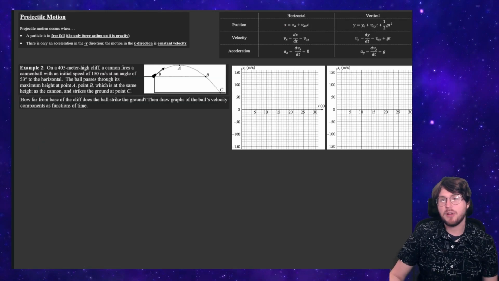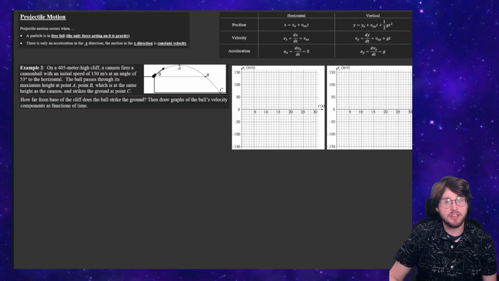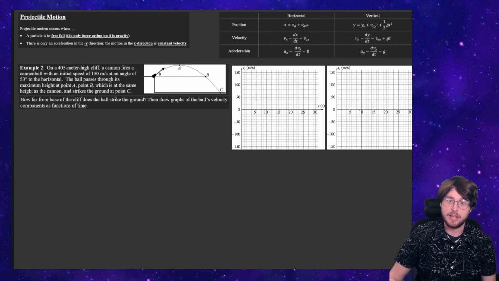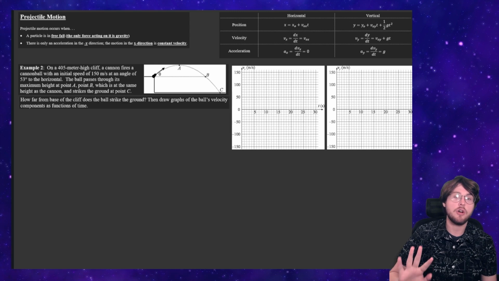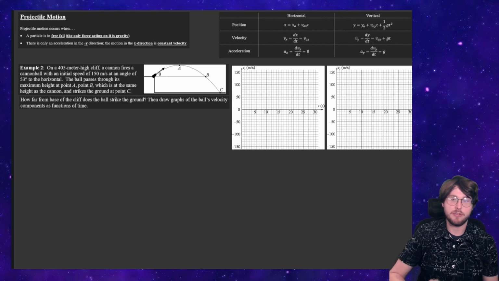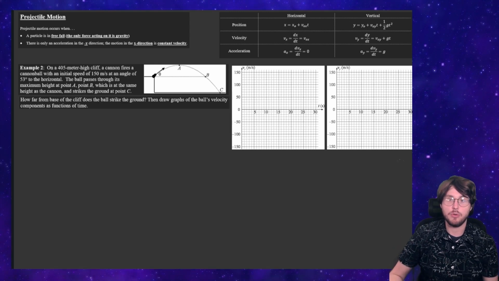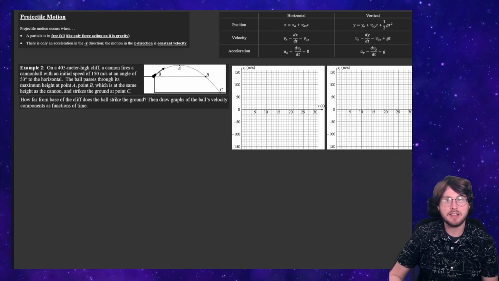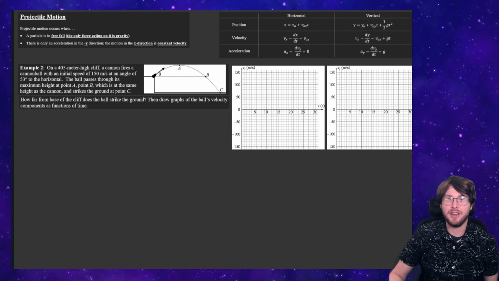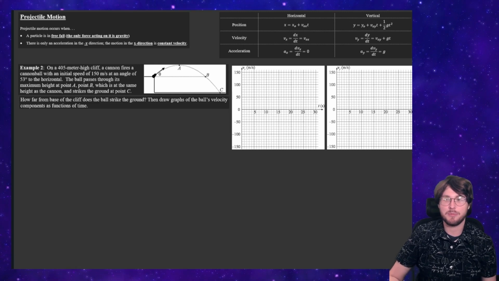All right, and this next problem is a bit of a doozy. Now, I'd like to preface this by saying that this problem has a lot of different ways that you could go about solving it, and I'm not going to stop you from wanting to solve this problem in any specific way. I'm simply going to show you the way that I kind of like the best as a road trip person. What I mean by that is I'm more of a journey rather than destination sort of person.